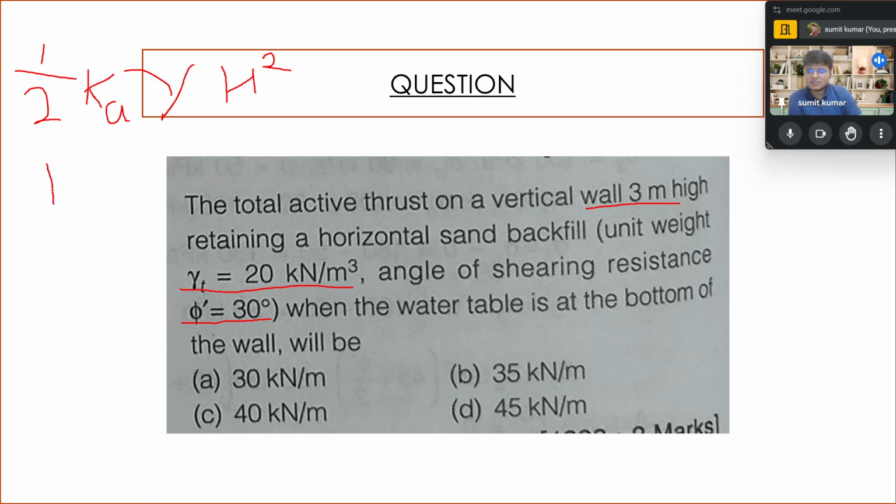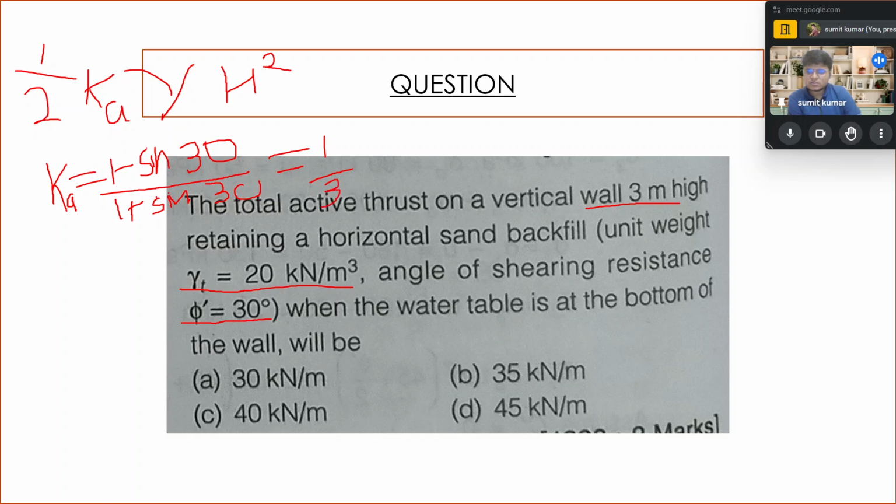Now the value of K is going to be 1 minus sine 30 upon 1 plus sine 30, which is going to be 1 by 3.